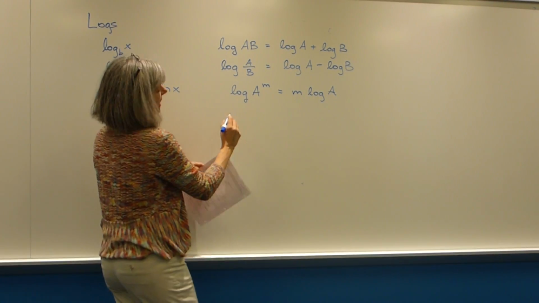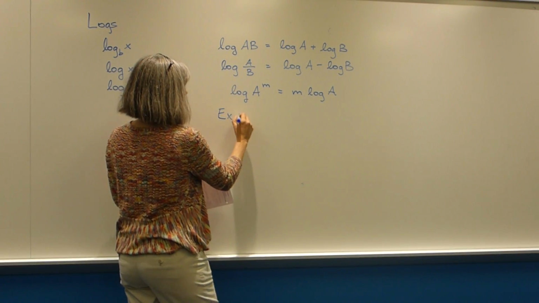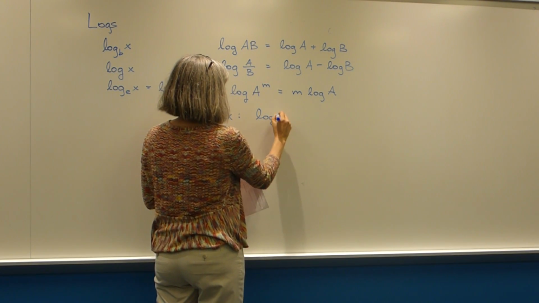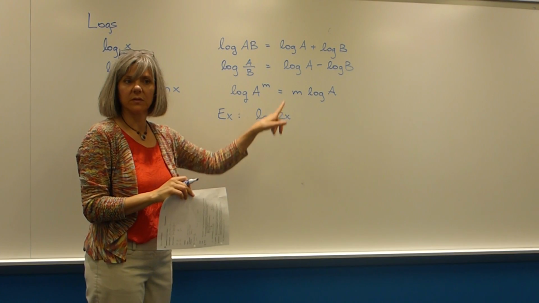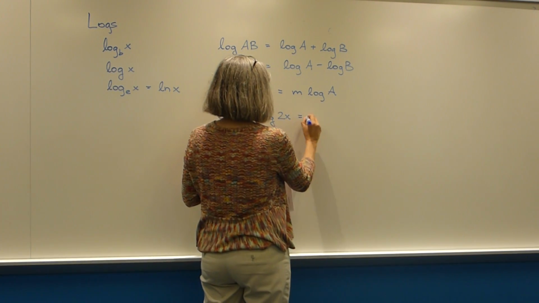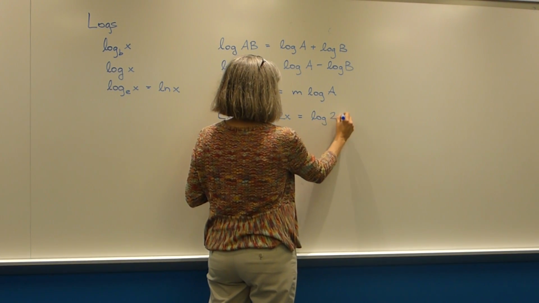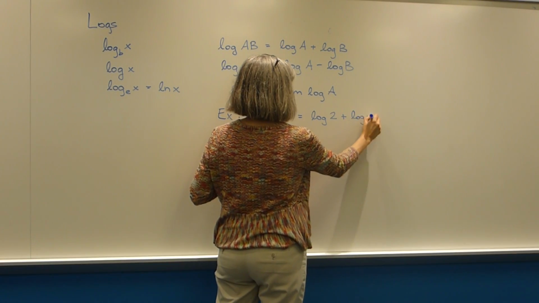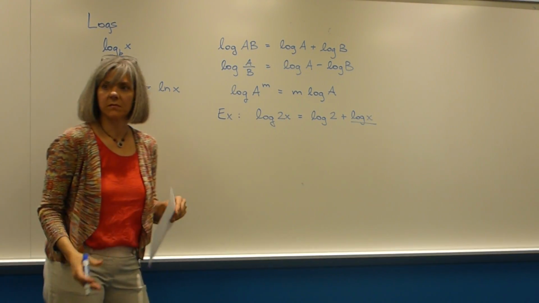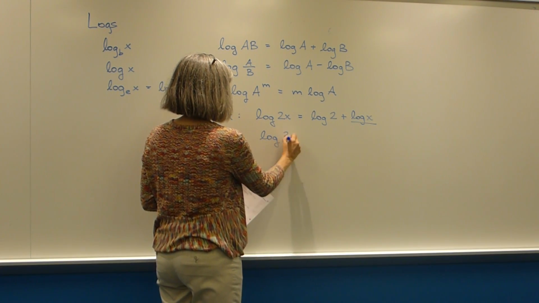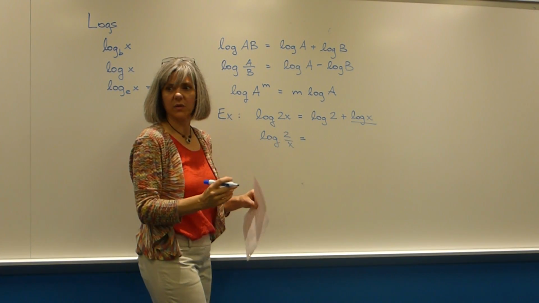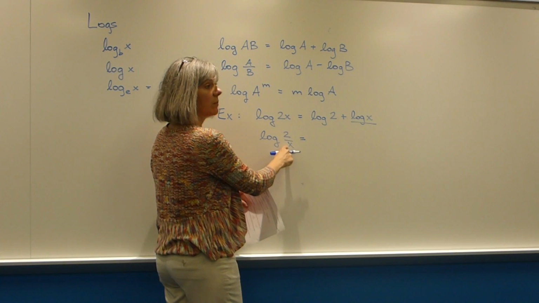So here's an example. If I had log 2x, that's multiplication on the inside, so it becomes addition on the outside. So log 2 plus log x. That's a simple log. Log 2 divided by x becomes log 2 minus log x.